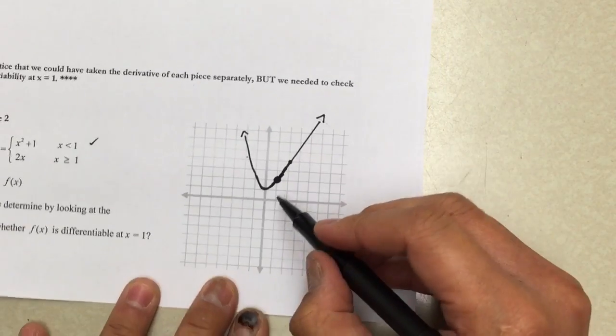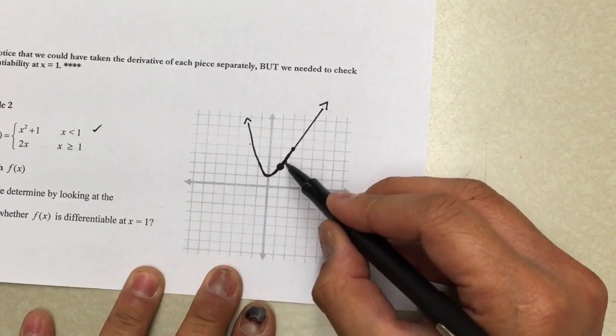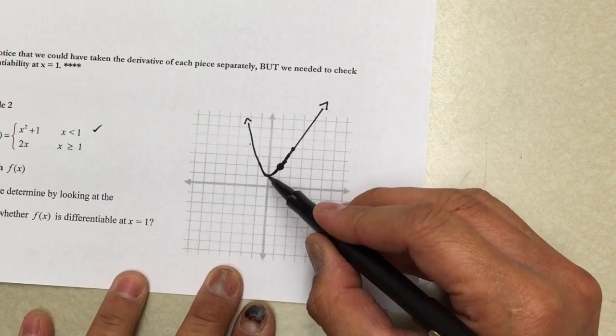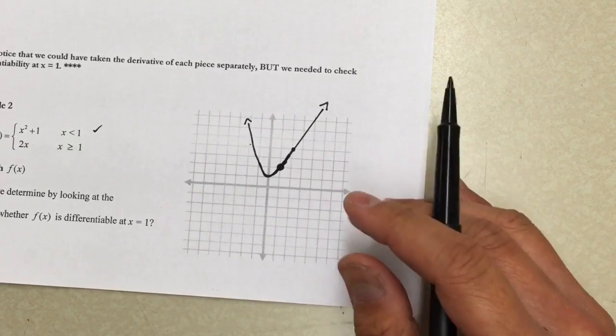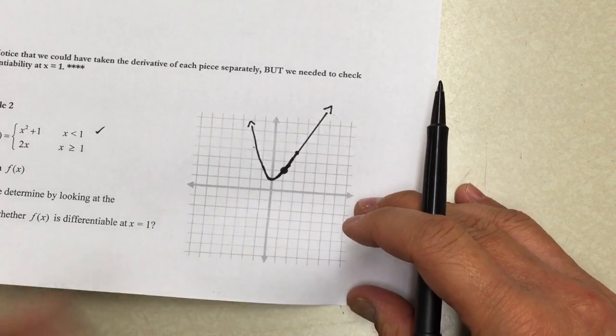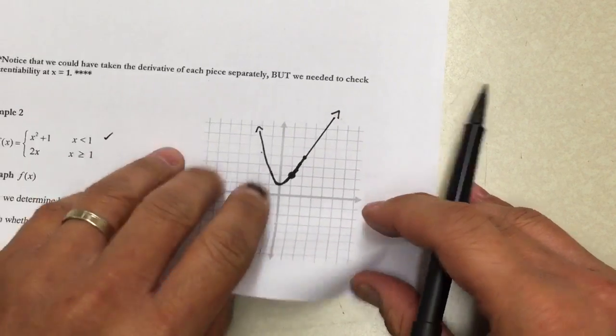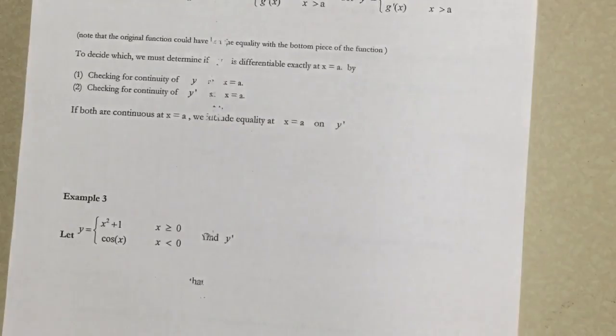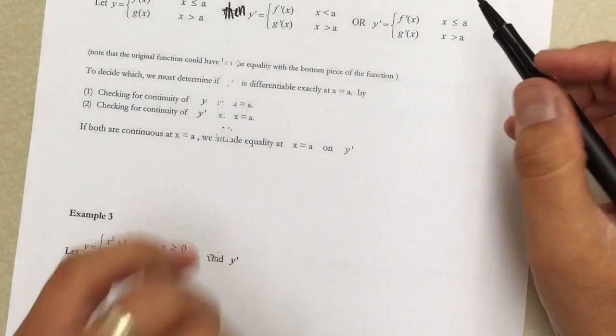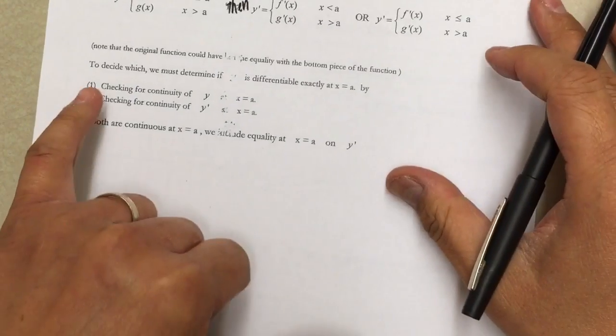But a lot of times we're unable to tell because this one looks smooth. And if it looks really smooth, then hey, the derivative function should include the boundary point. To make things easier for us, here's what we need to check.